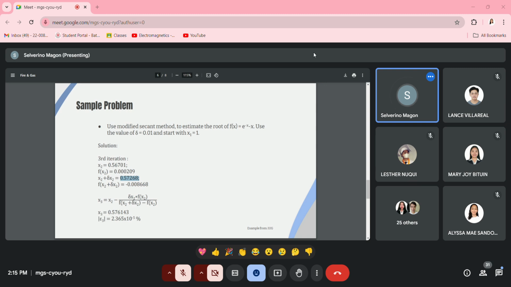And then we check for changes in the vertical value. So it crosses the x-axis and is negative here. And then again, we plug in all these values into the equation here. And then we now have the new solution right here. Similarly, for the error calculation, we'll make use of the previous formulas that we have.